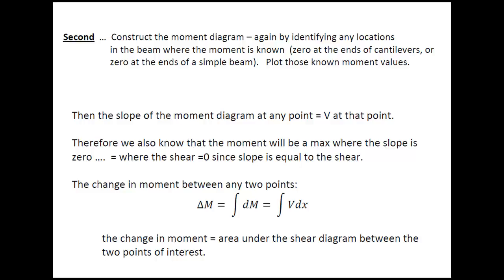So therefore, we also know that the moment will be a max where the slope is 0. And that's where the shear is 0, since the slope of the moment is equal to the shear. We also know the change in the moment between any 2 points is equal to the area under the shear diagram between those points. So we can use this to find the moment at other points in the beam.